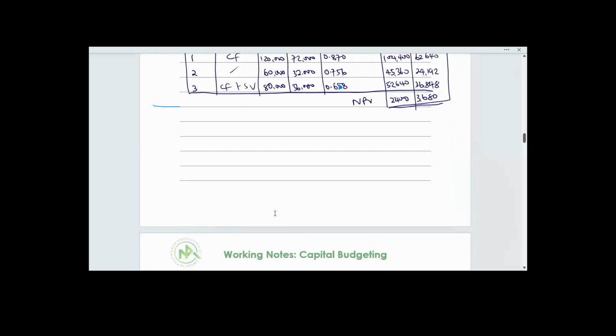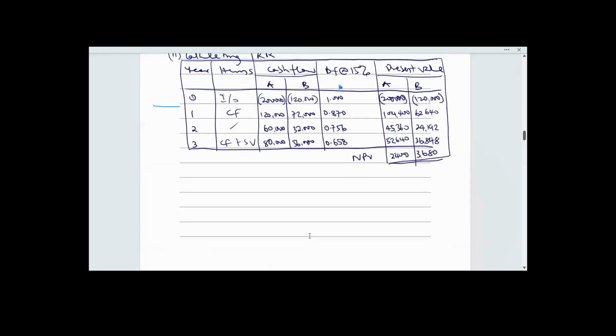We need to assume a higher discount rate this time around. So I'll create a column for year, description of items, cash flows, discount factor at, let's say, the 2,400 and 3,680 are closer to 0. So at this point, let's assume 20%.